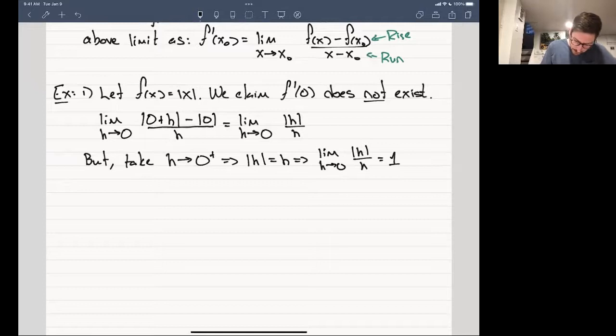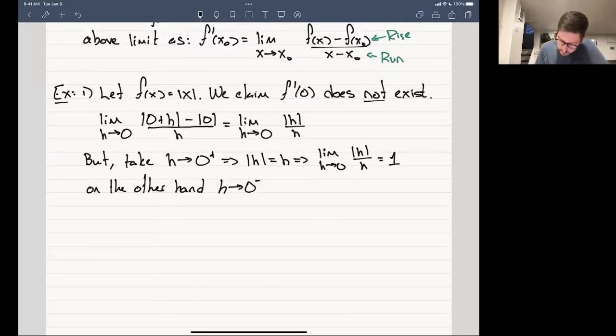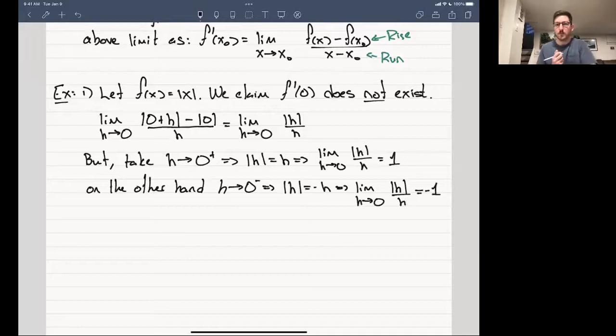On the other hand, if we take h going to 0 from the left, so approaching from the negative side, then I get the absolute value of h is equal to minus h, which tells me that the limit as h goes to 0 of the absolute value of h over h is equal to minus 1.